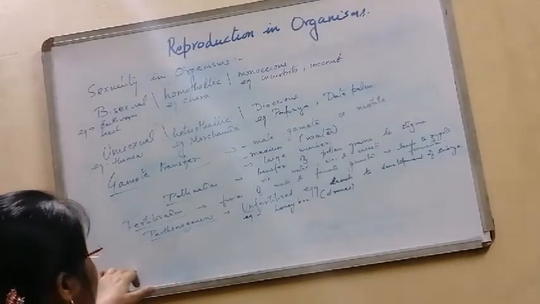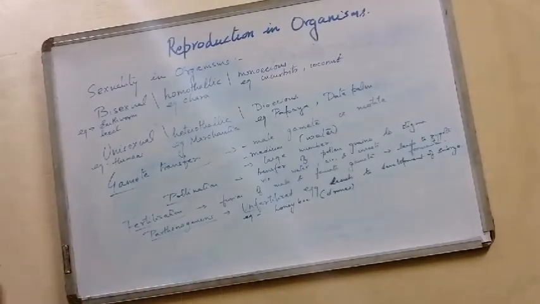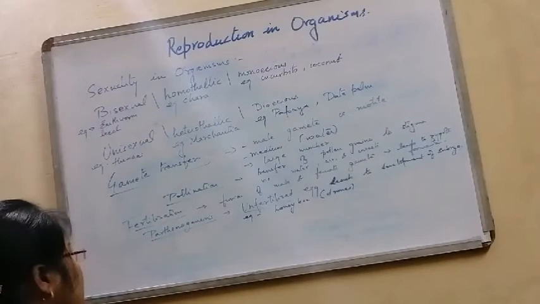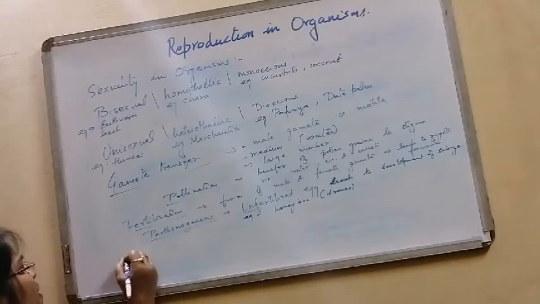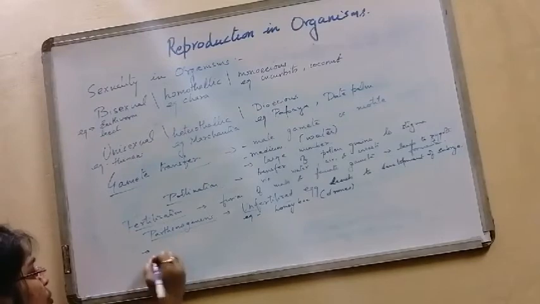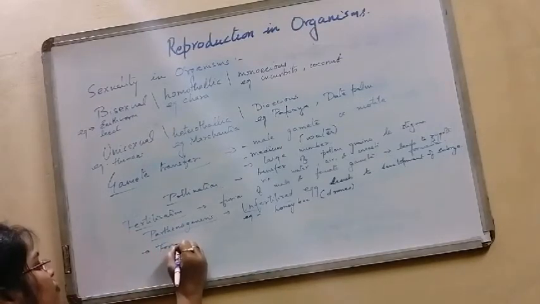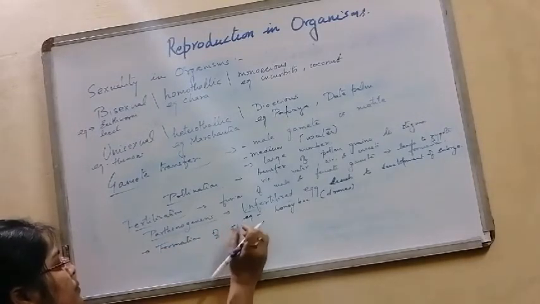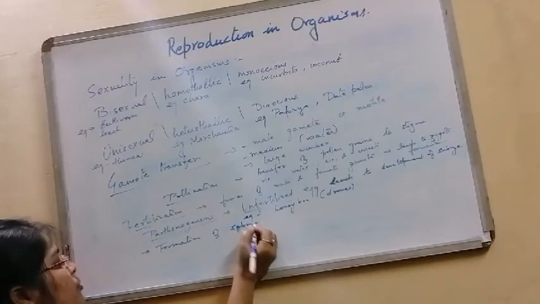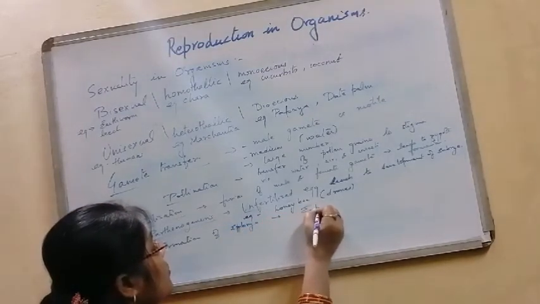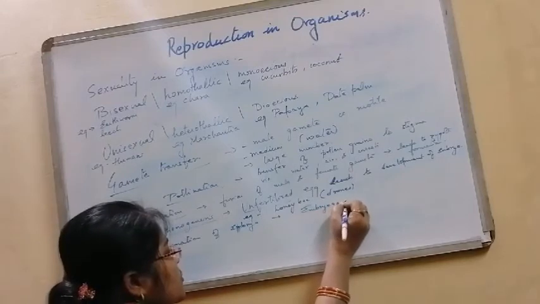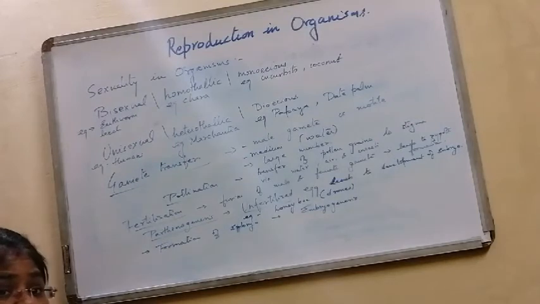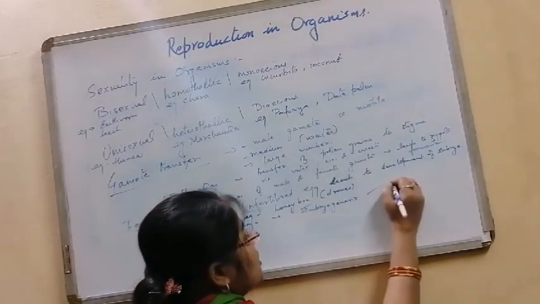And the last process is the development of your embryo, or we call it the post-fertilization event. Basically, it is the formation of an embryo, which is called embryogenesis, isn't it? Now, for embryogenesis, what are the major processes which are responsible? One is cell division.